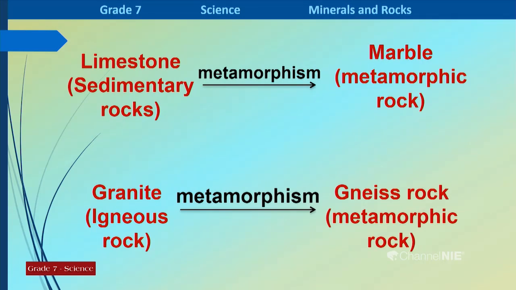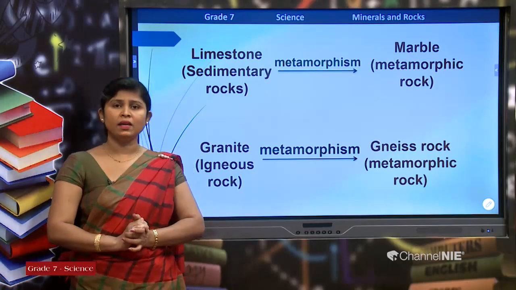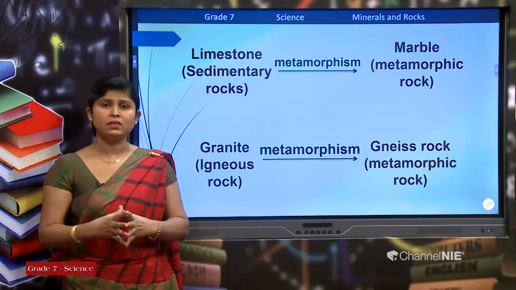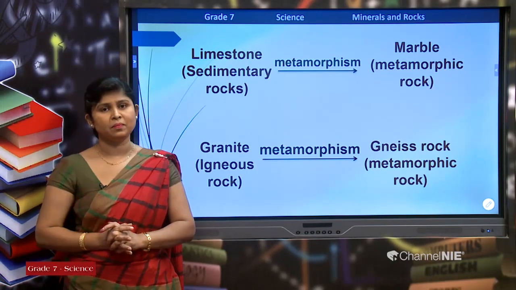Now, limestone is a sedimentary rock. It has converted to a metamorphic rock after the metamorphism, and granite is an igneous rock. It has also converted to a metamorphic rock after the metamorphism, right. I think this simple diagram indicates clearly how the formation of metamorphic rocks takes place after the process of metamorphism.